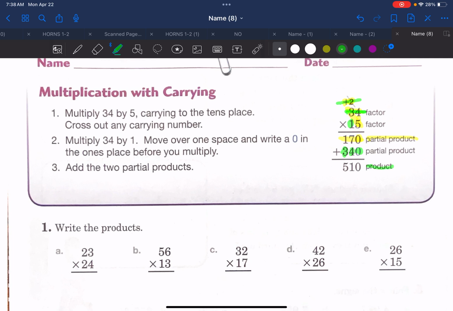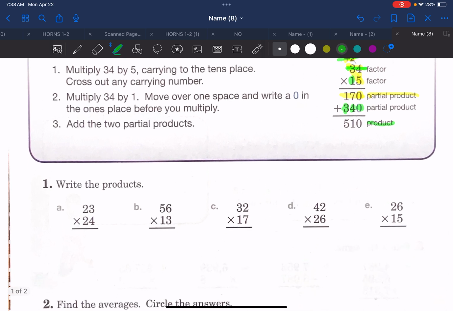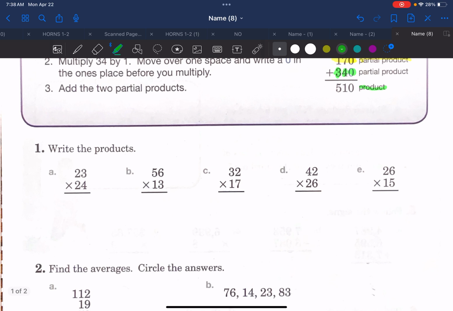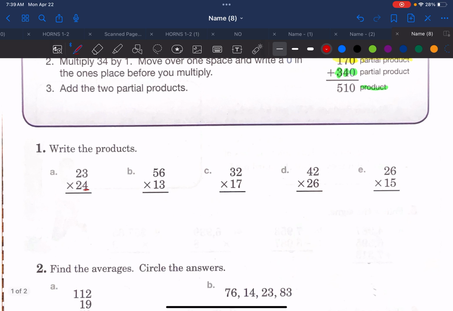So we had a partial product, that means part of and part of, but together when you add them, you get your full product. So let's try that together. First, we're going to use this 4, and we're going to multiply 23, starting with the 3.